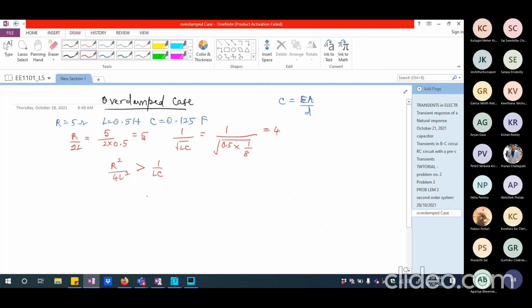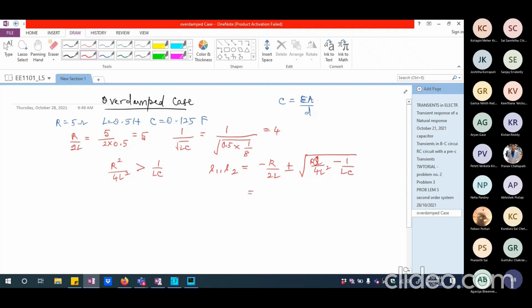So let's try to first of all get what is S1 and S2. So S1 and S2 are minus R by 2L plus or minus root of R square by 4L square minus 1 by LC. How much is this? This is 25 and that is 16. So the difference is 9.